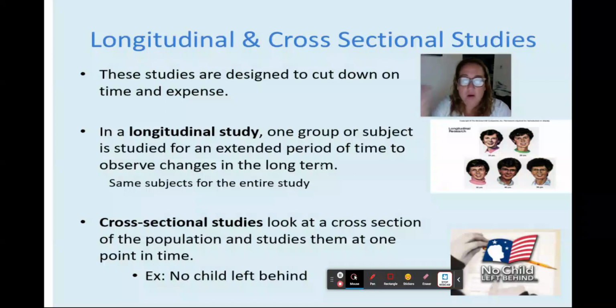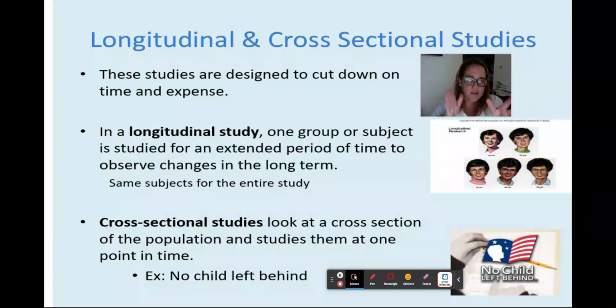Now, the other one, which is the cross-sectional studies, that's number two. It's cross-sectional because they're going to take a cross section from the population, which basically means they're going to pick people from different age groups, right? And they're going to study those people.